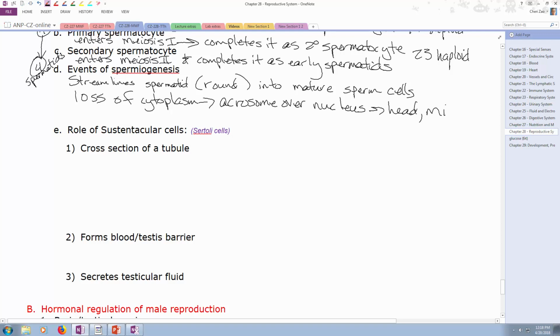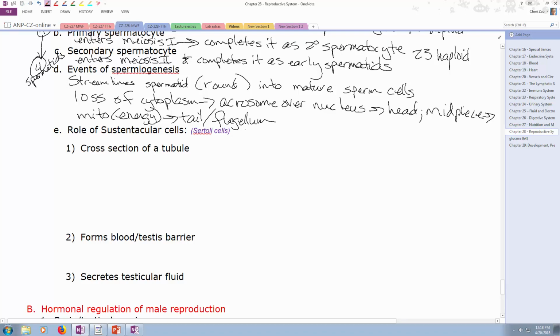Then the midpiece will be full of mitochondria for energy to power the tail, which is the flagellum. So that's what spermiogenesis does. It makes a spermatid into a sperm cell.